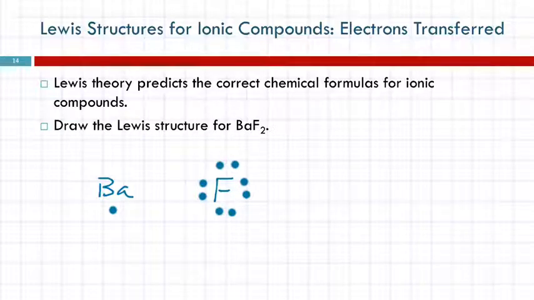So I just moved the dot. Is fluorine happy now? Yeah. Fluorine also has a negative charge, so let's put brackets around that and a negative charge. What's the charge on the barium now? +1, because it lost 1 electron. Is barium happy? Nope. Not happy.